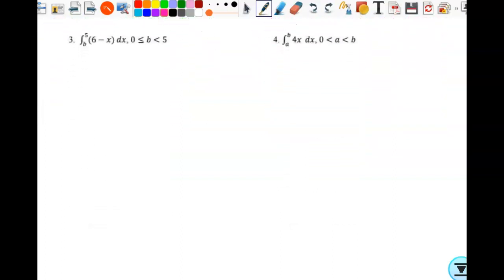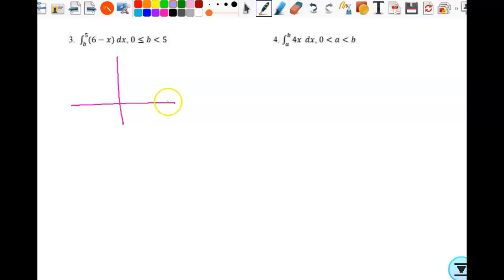Let's look at number 3. Okay, so we're going to have a sketch here. I'm going from b to 5, where b is greater than or equal to 0, but less than 5. All right, and 6 minus x, what kind of thing will that graph? A line, okay?